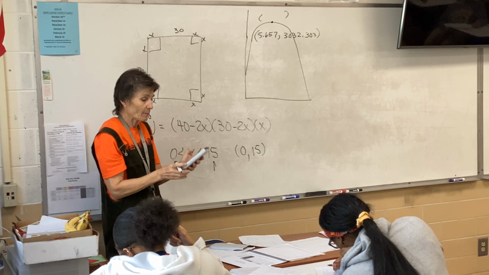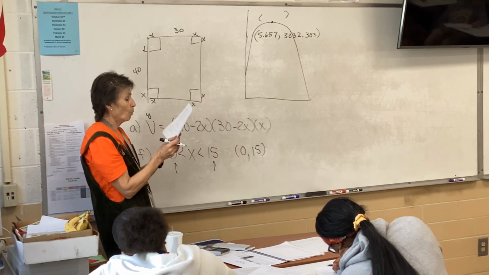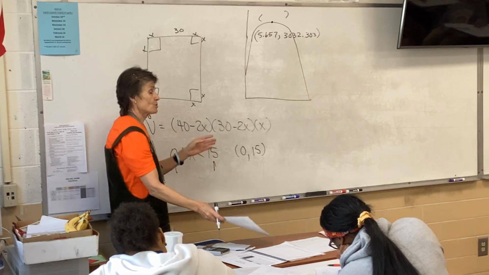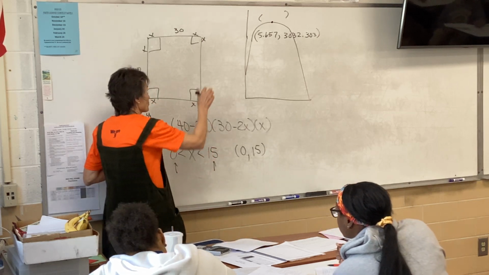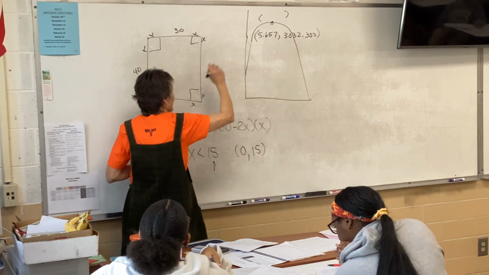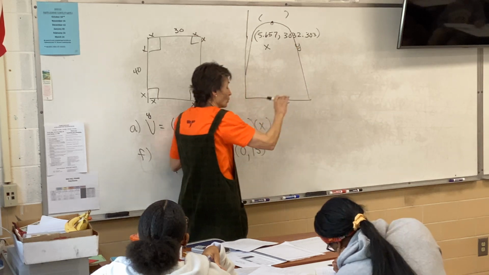Okay, so now we gotta answer the question. Question C, what is the maximum volume of the box? So just like with your parabola, there's two parts to the maximum point. The first part is x and the second part is y, of course.